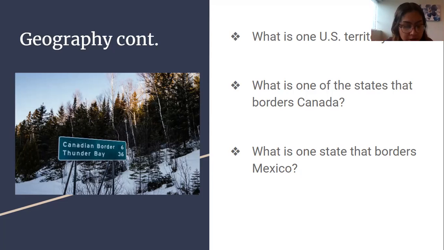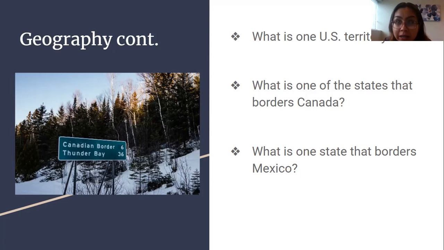Going on to the next question, question 93: what is one of the states that borders Mexico? Again, thinking about it visually, if you have Canada over here, the US here, and then Mexico down here, what would be those border states on the lower bottom of the United States?